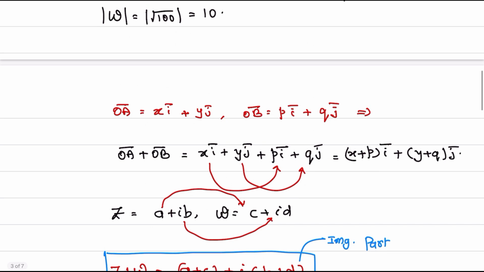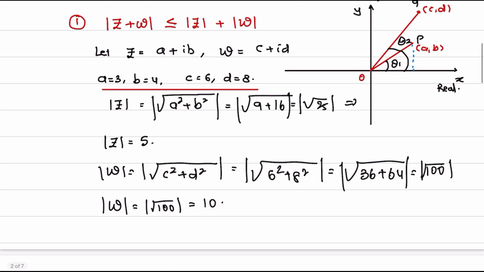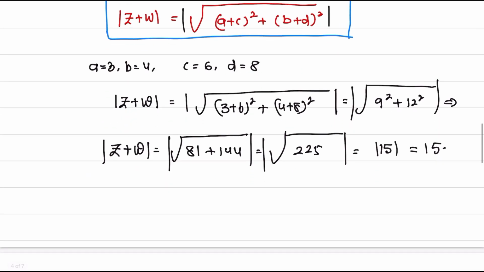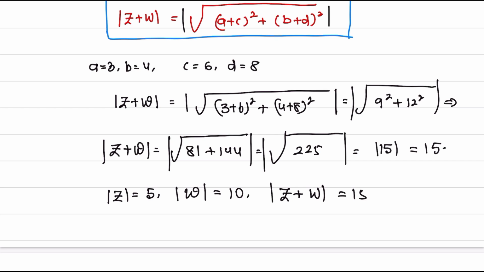Whereas what is the modulus of Z? 5. Modulus of W is 10. Modulus of Z is equal to 5. Modulus of W is equal to 10. Modulus of Z plus W is equal to 15.